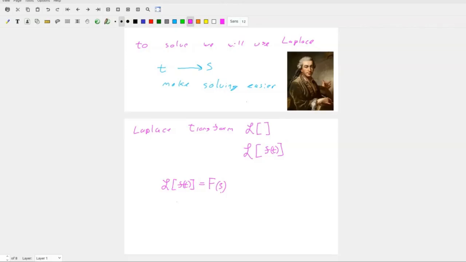I use Laplace to take a trip from my time domain to my S domain. And that is equal to the integral from 0 to infinity of f of t e to the negative st dt.